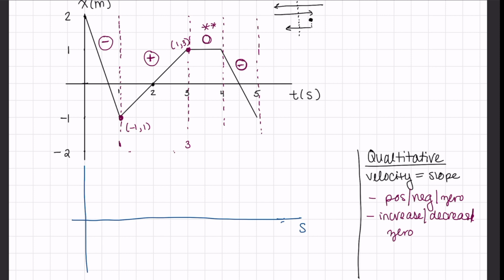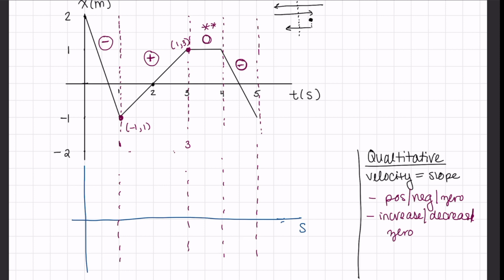But we do know, I'm just going to continue these lines, that these are where our slopes are going to change. So, real quick, if you were to do this by hand, this is how you would do it by hand, but generally you would just be able to match and be able to pick that it's going to be negative here, then it goes to positive, then it's 0, then it's negative.